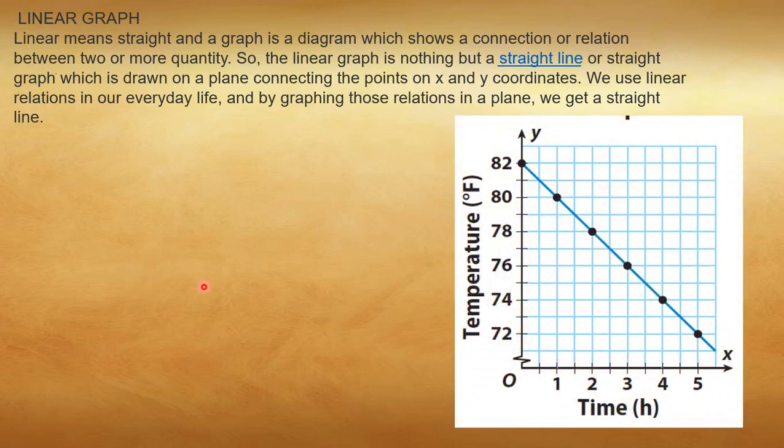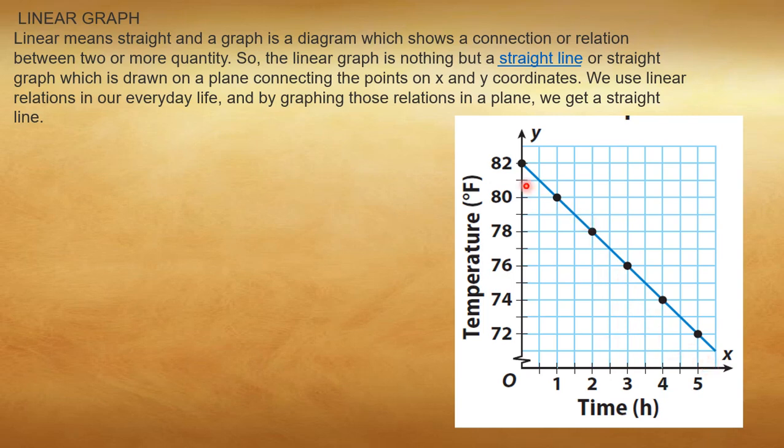For example, if we take the time and the temperature, here we are observing by this graph, in the first hour the temperature is 80 degrees Fahrenheit. In the second hour, it is 78 degrees. In the third hour, it is 76 degrees Fahrenheit, in the fourth hour, it is 74 degrees, and then in the fifth hour it is 72 degrees.